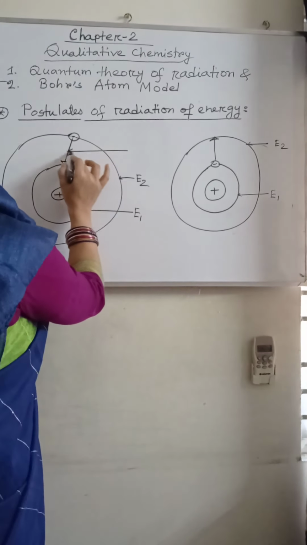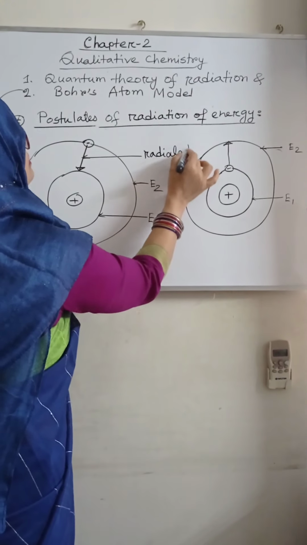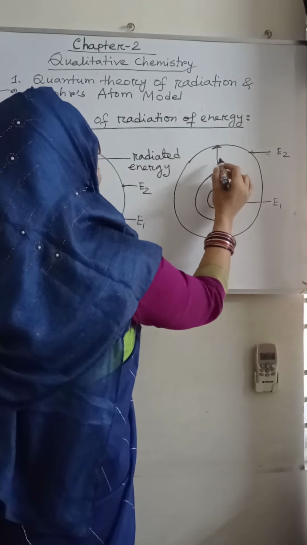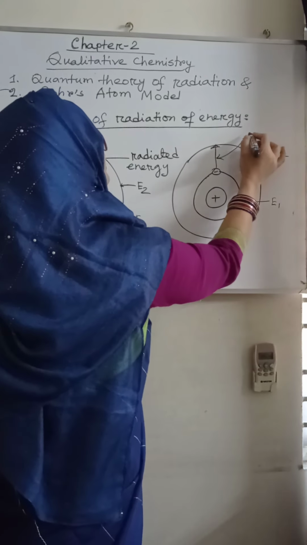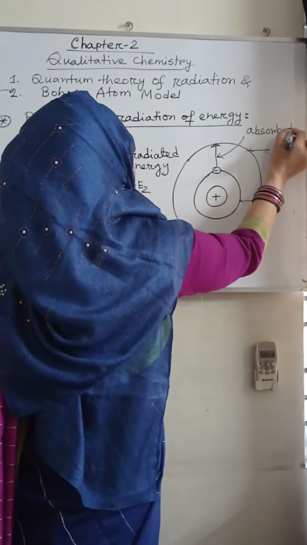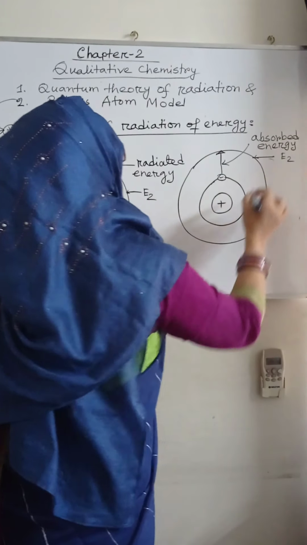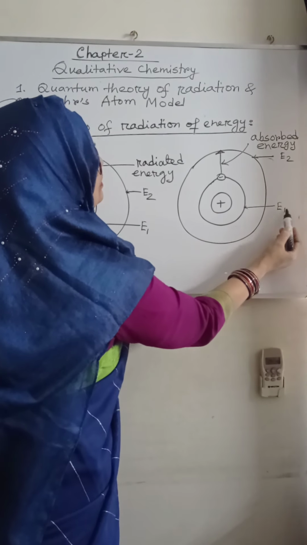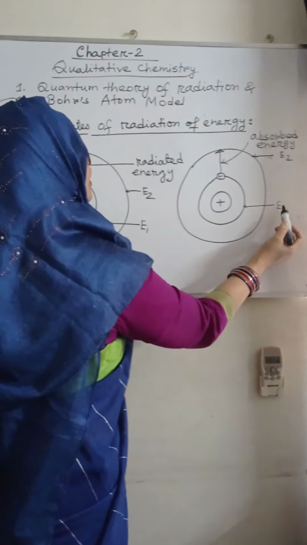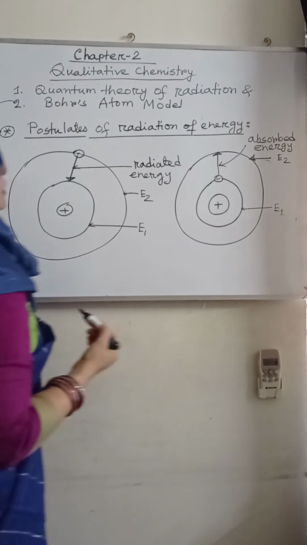So this is radiated energy and this is absorbed energy. And this one is E1, the energy of the first shell, and the energy of the second shell is indicated by E2.